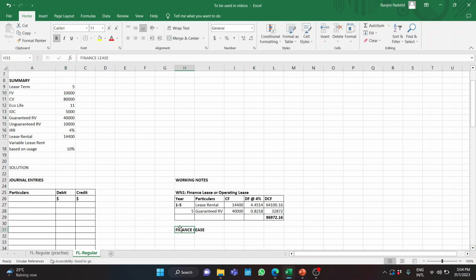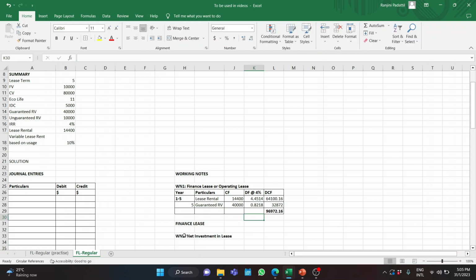So if it is a finance lease, what gets debited is the net investment in lease. Working note 2 is net investment in lease. We know that net investment in lease is a present value of the lease payments receivable from the lessee plus the unguaranteed residual value. We already have the present value of lease payments receivable from the lessee here.